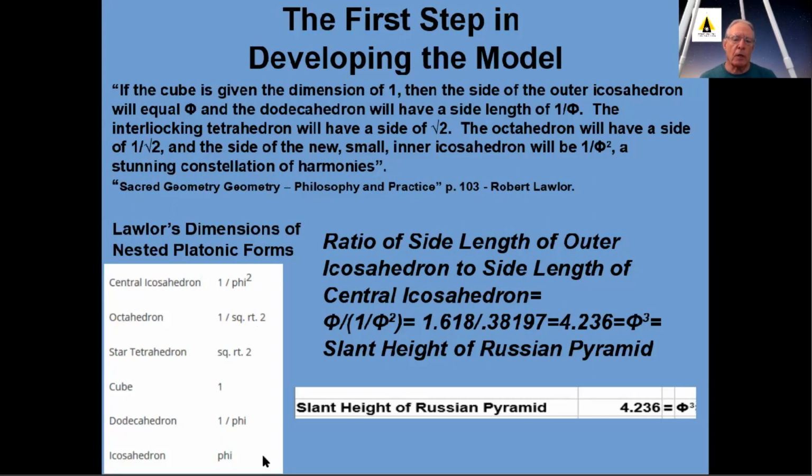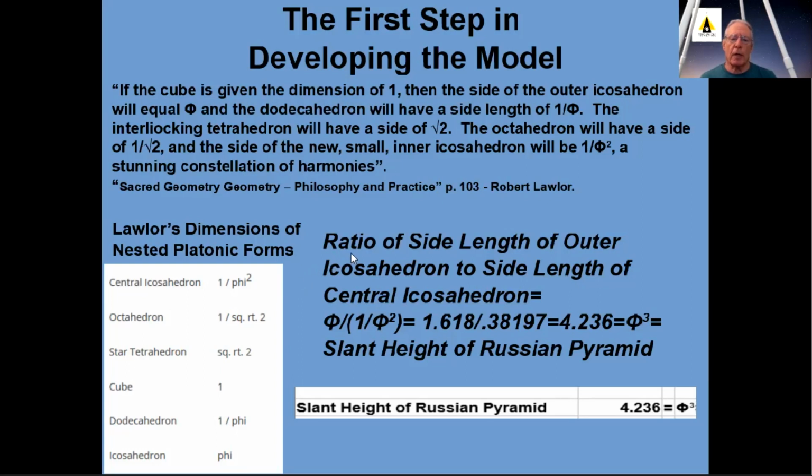What I've done over on the left is put in tabular form what he had said verbally, and you can see that the outer icosahedron has a side length of phi, and the central or inner icosahedron has a dimension of 1 over phi squared.